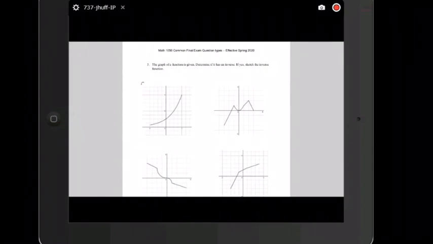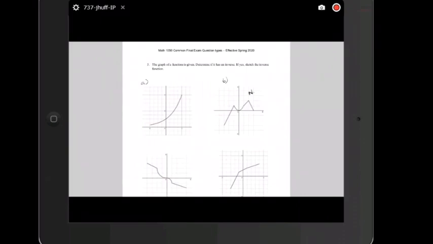So this one, for example, if we want to call it part A, this graph passes the horizontal line test. So it is 1 to 1, which means it has an inverse that's a function. Part B here, this function does not pass the horizontal line test. So it is still a function, but it is not 1 to 1.